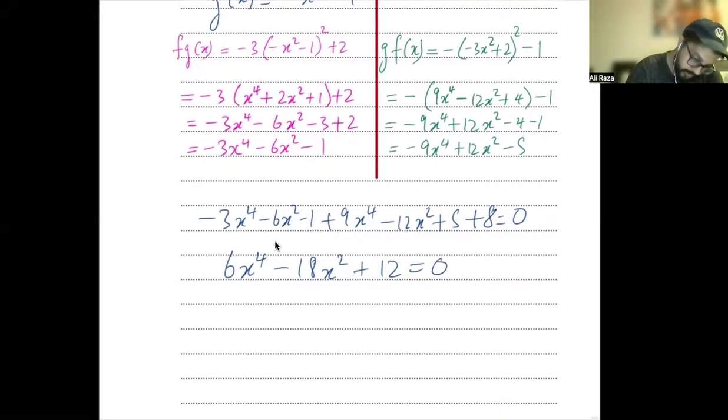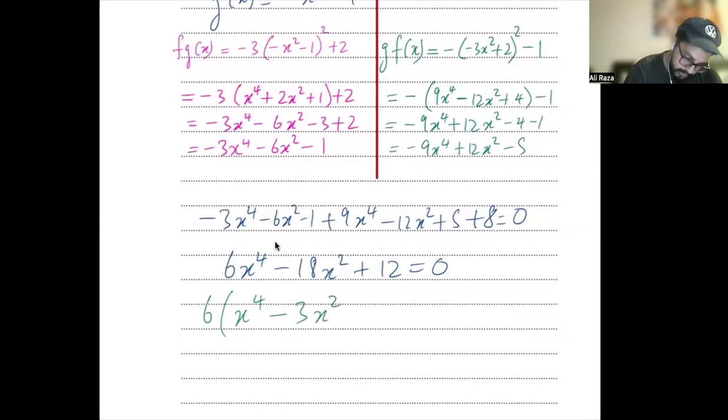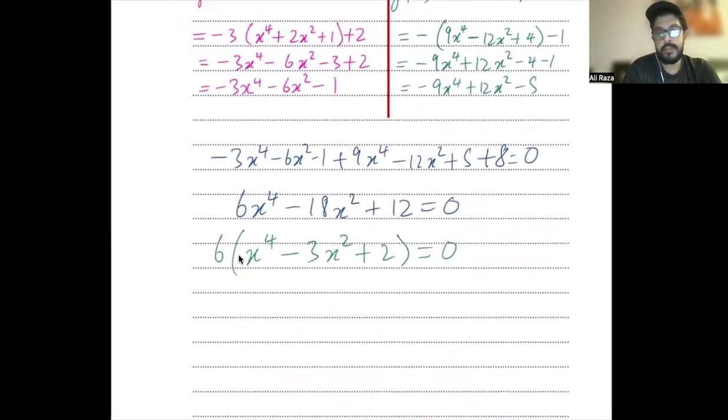We can take 6 common from this expression, giving us x power 4 minus 3x squared plus 2 is equal to 0. And then in the middle term we break this.